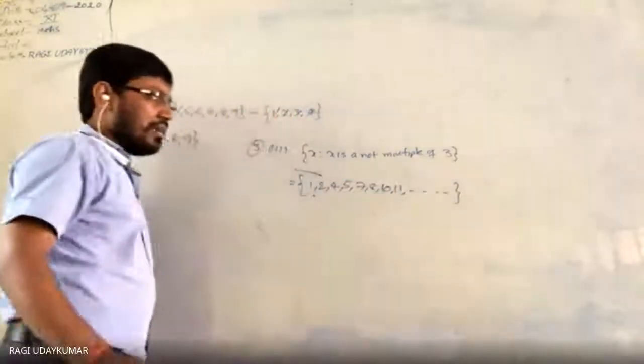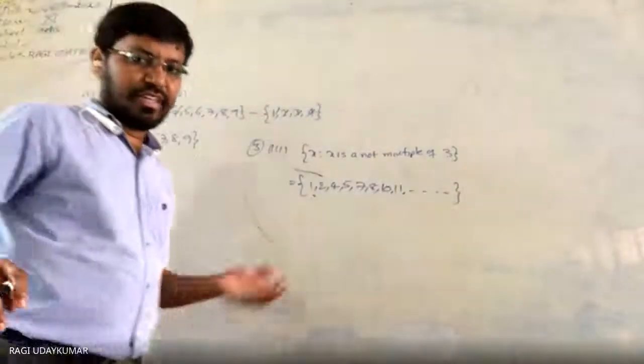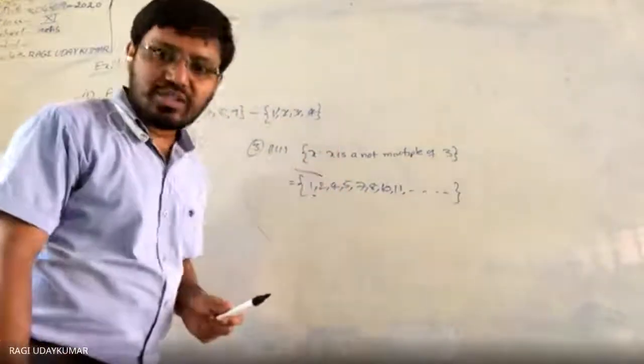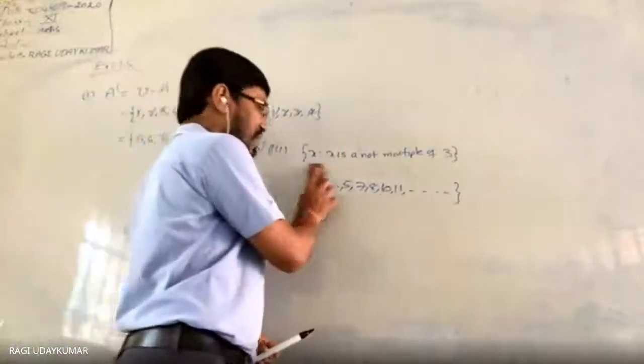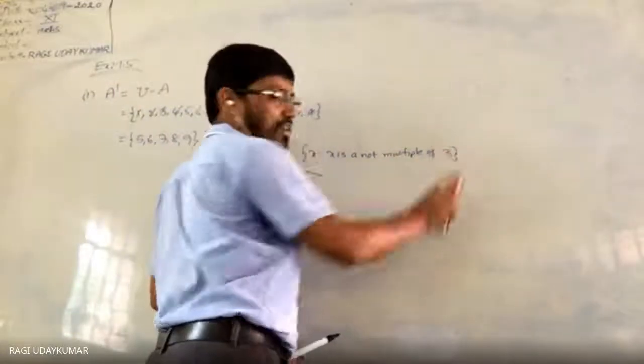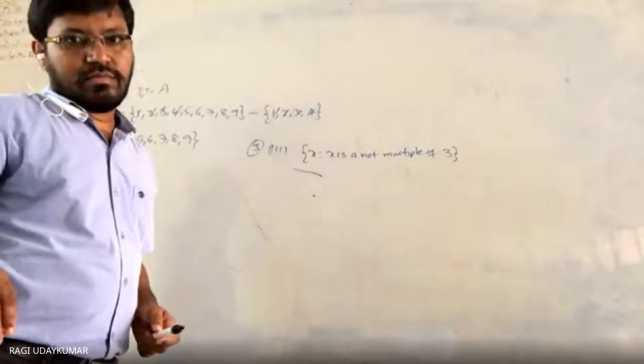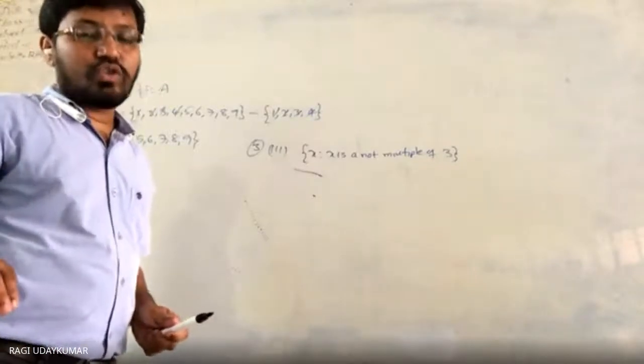But it cannot be identified in one order. Instead of writing like this, the better way of writing is set builder form. Set builder form is the perfect answer instead of roster form.